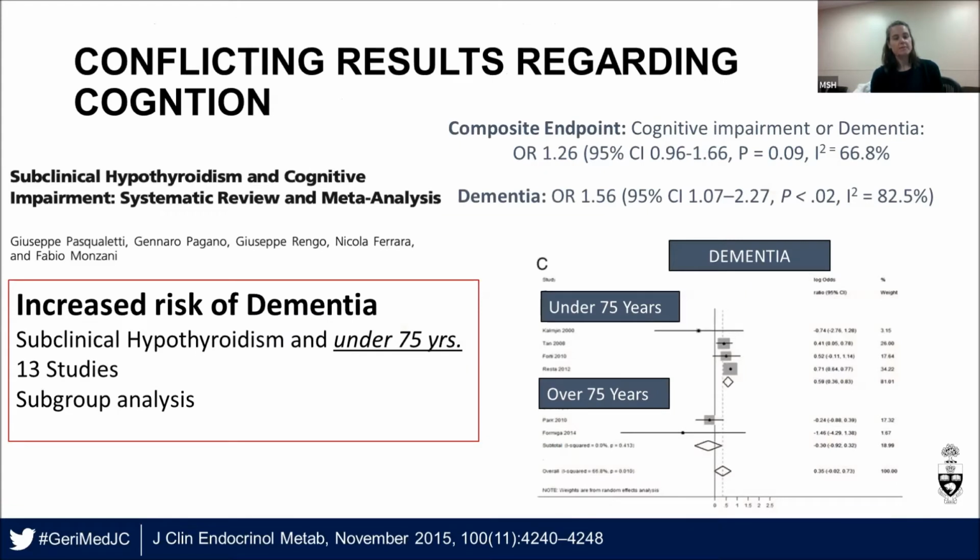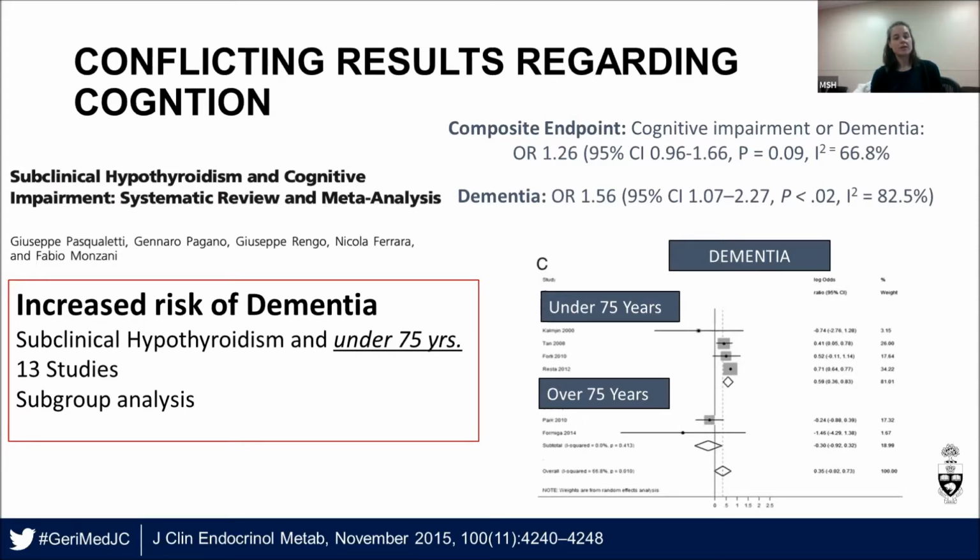There are some conflicting results regarding cognition. This is a paper out of Italy from 2015 that found that subclinical hypothyroidism was associated with an increased risk of dementia in their subgroup analysis of people under the age of 75.